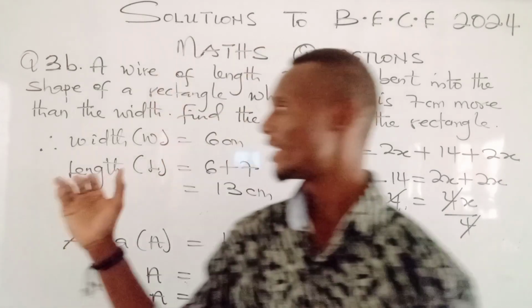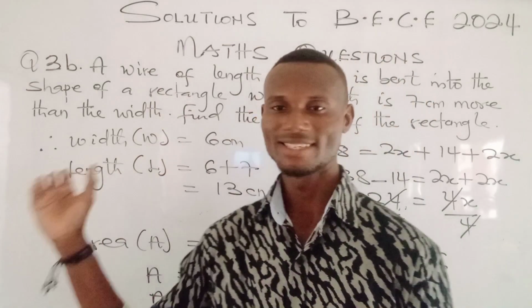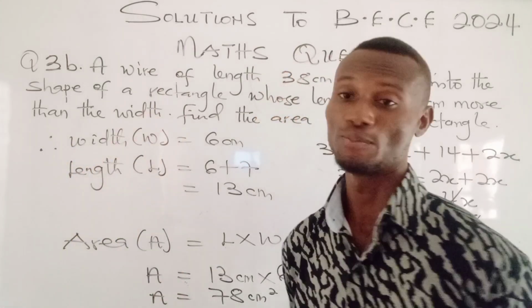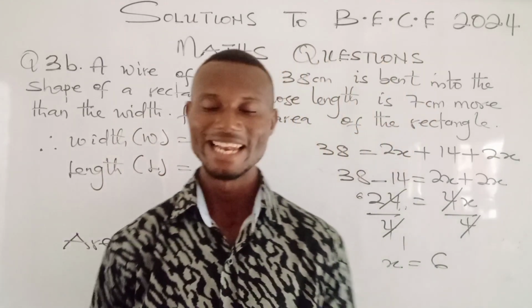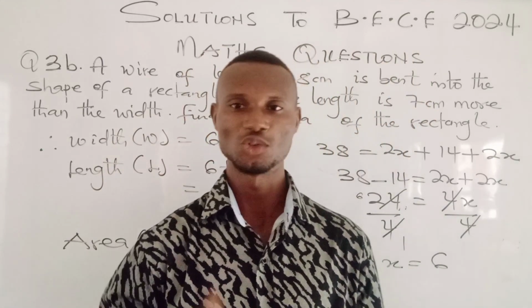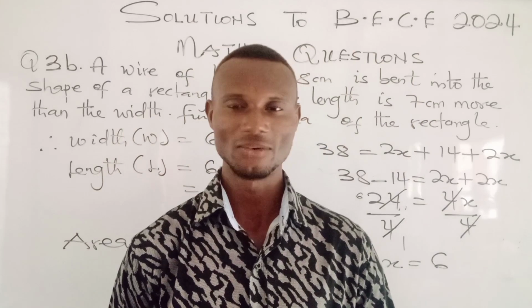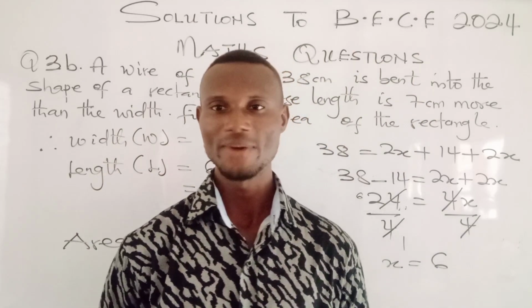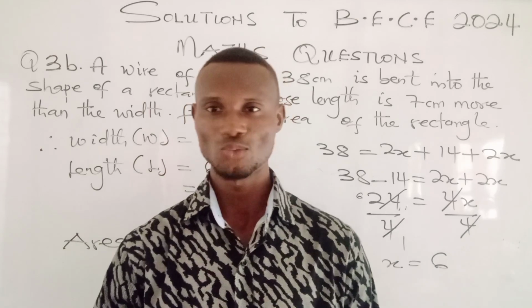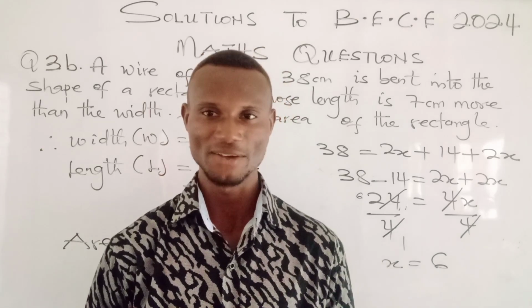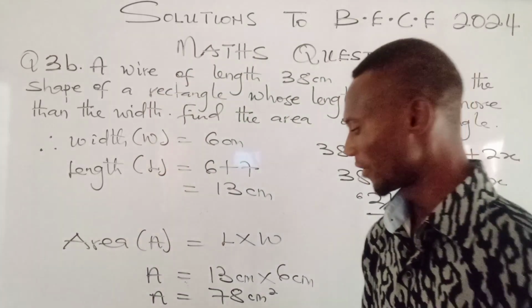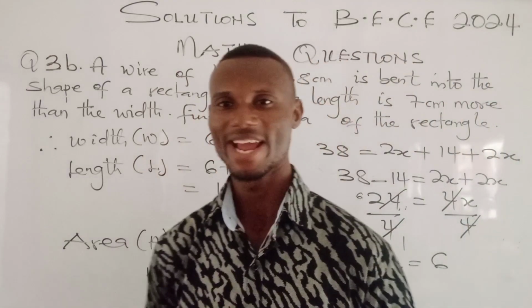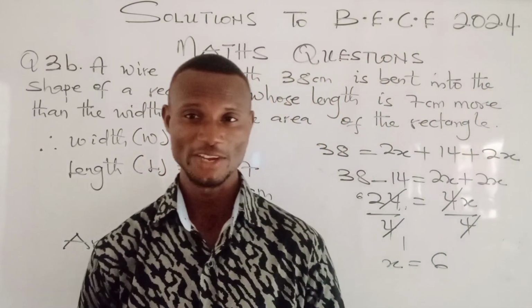Okay, so all that we did is to write down the given information, and went through some process to get the length of the rectangle and also the width of the rectangle. And the question is asking us to find the area, and the area of a rectangle is length times width. And after getting the length and the width, we found the area, which is 78 centimeters square. I hope the explanation is clear enough and you understood it.